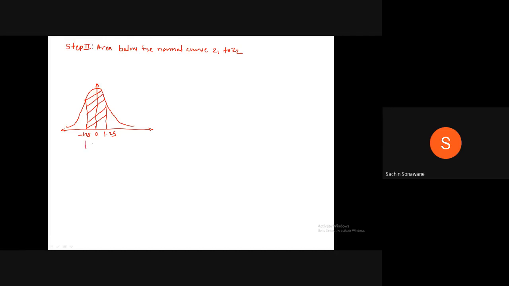This is known as design tolerance. And this much area is known as natural tolerance.